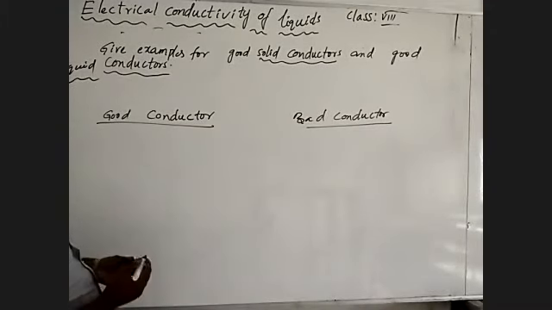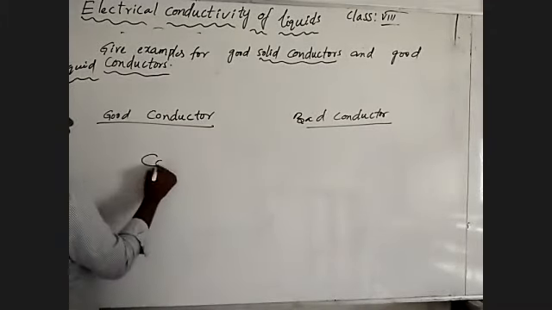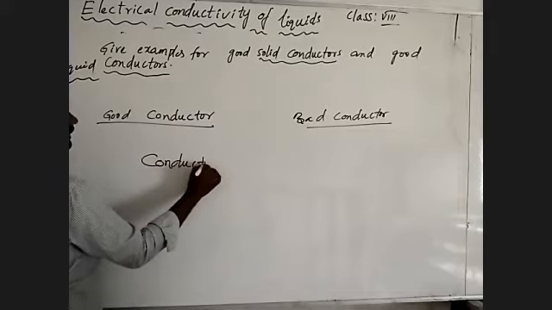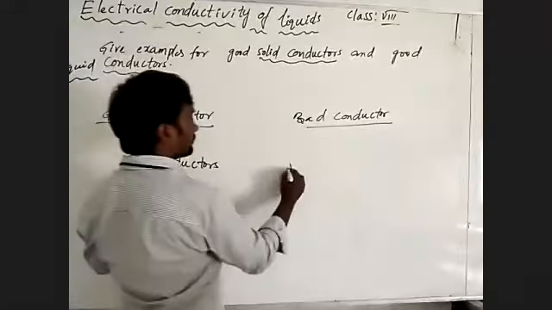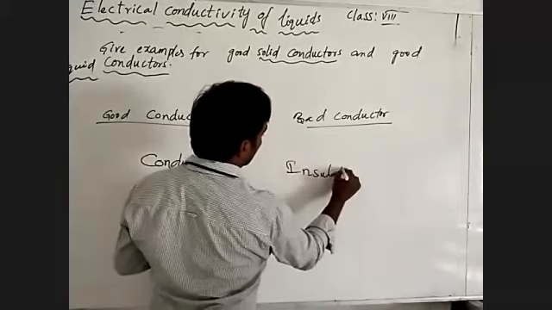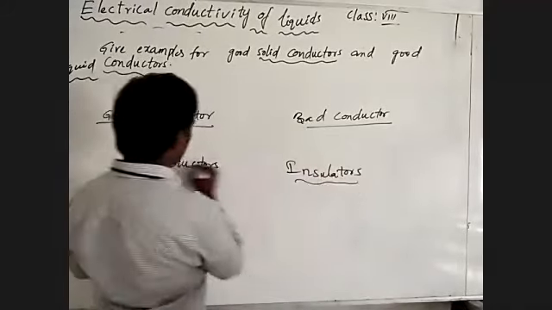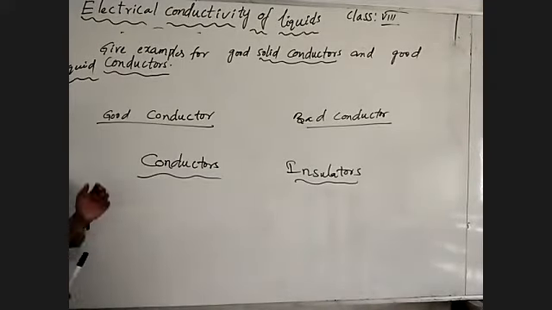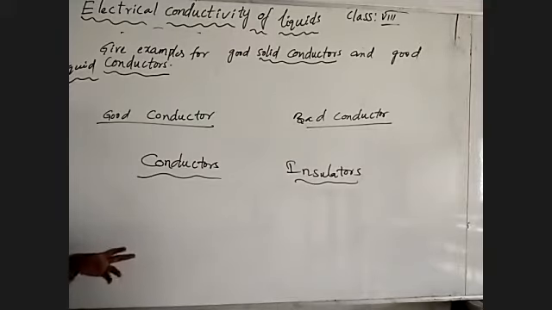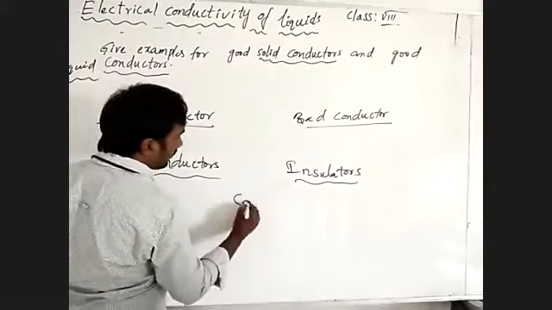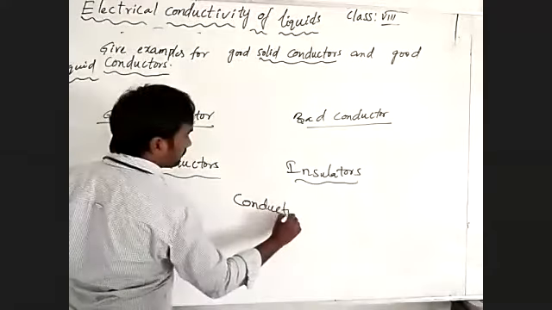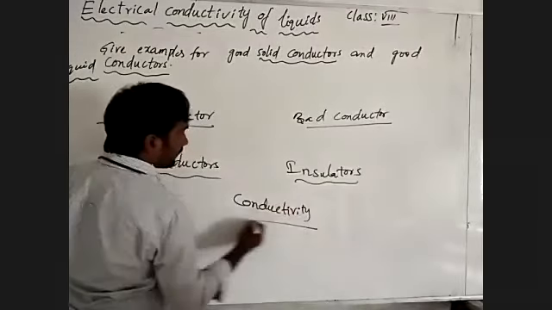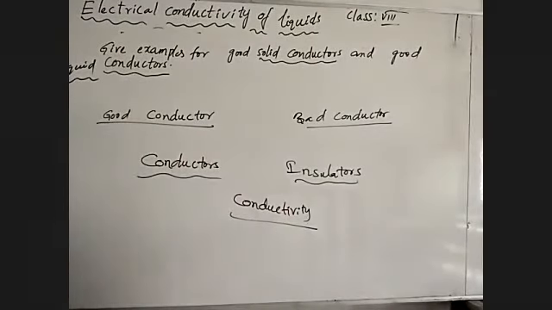Conductors and insulators: the materials are classified into two types based on the conductivity.